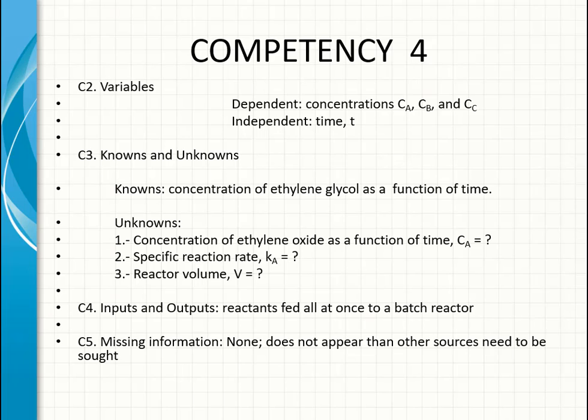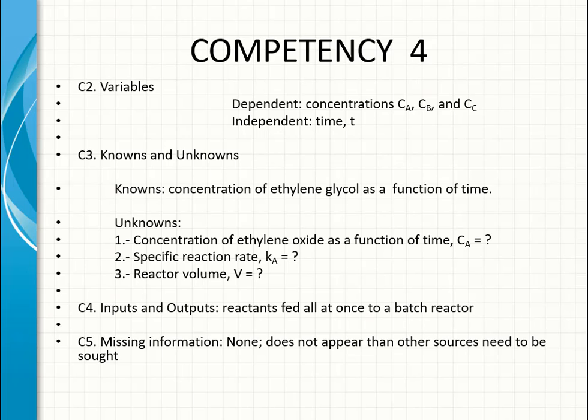Knowns and unknowns. We know the concentration of ethylene glycol as a function of time. Unknowns: we don't know the concentration of ethylene oxide as a function of time, CA. The specific reaction rate, kA, we don't know either, and the reactor volume we don't know.